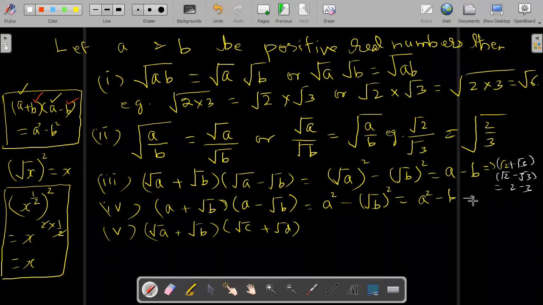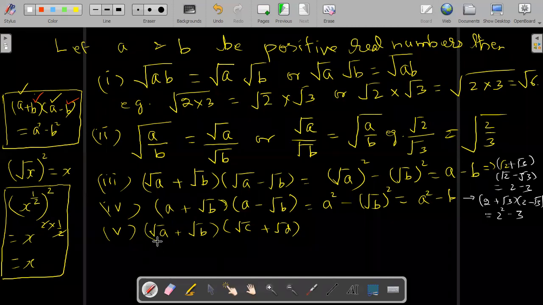And here you can take the example 2 plus root 3 into 2 minus root 3 will be equal to 2 square, means 4, minus 3. You can write 2 square minus 3, or 4 minus 3.